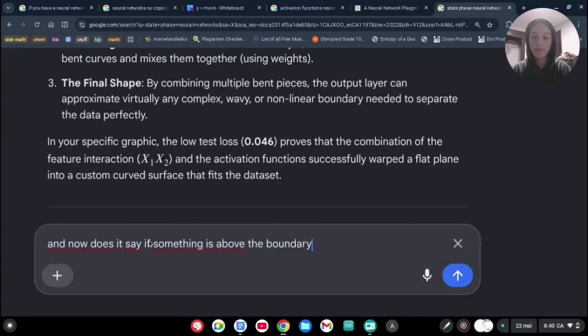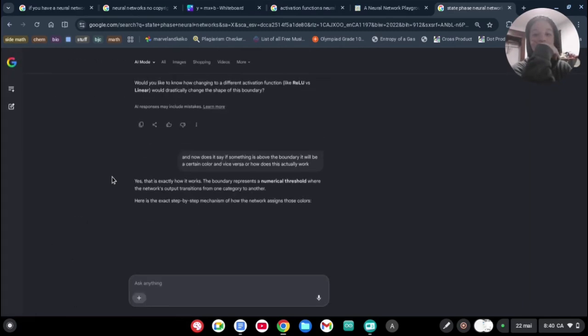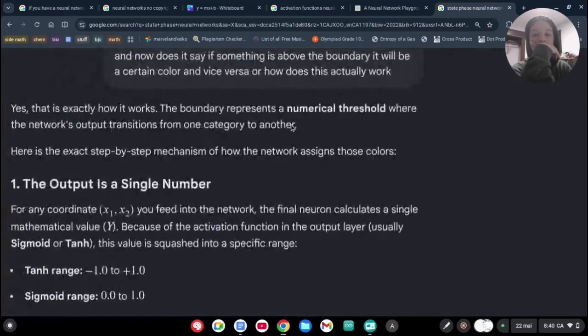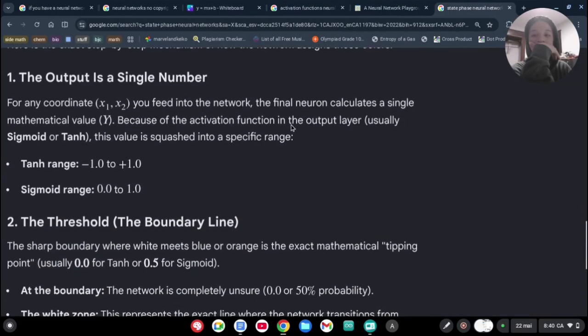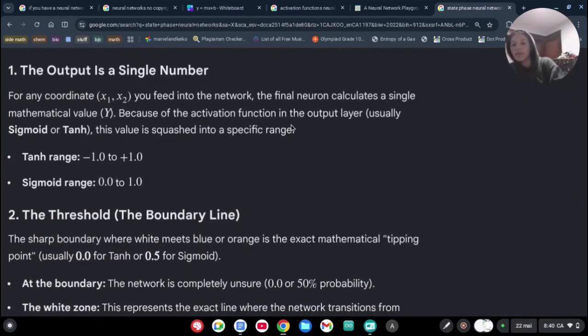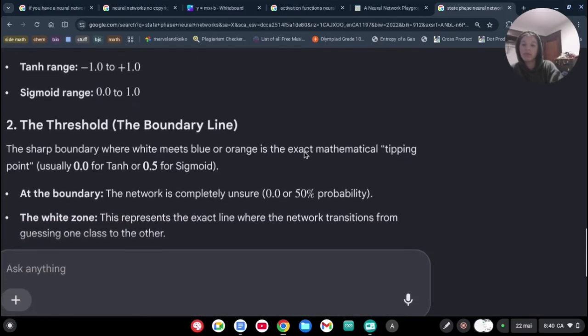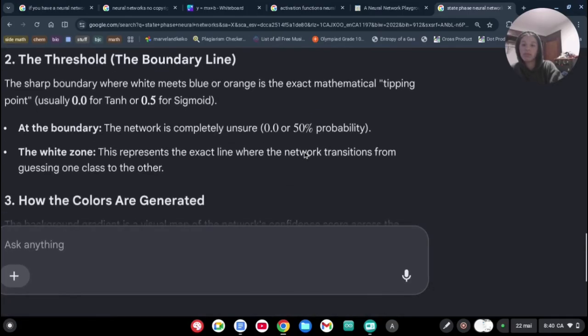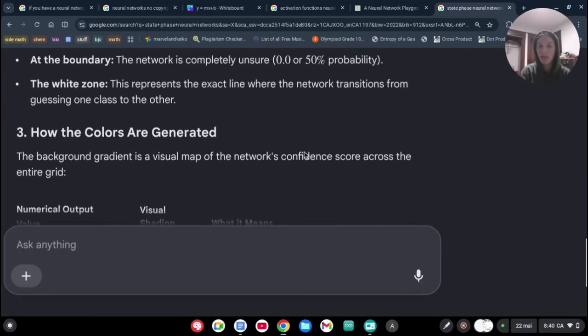Above the boundary, okay. Yeah, so at the boundary, I guess you're in between orange and blue, so maybe the neural network is not good for that, is what it's saying, along the boundary.